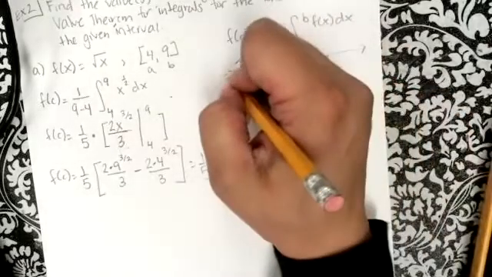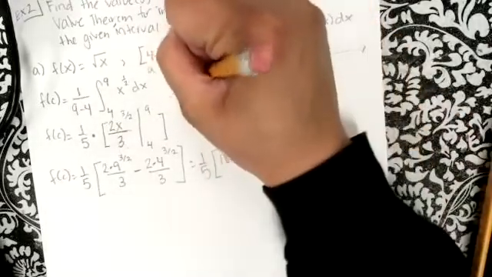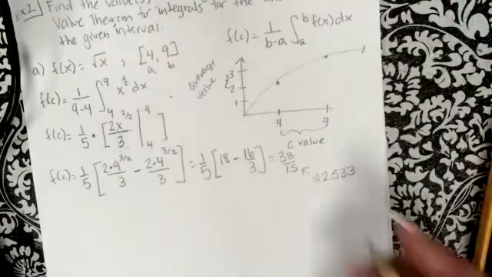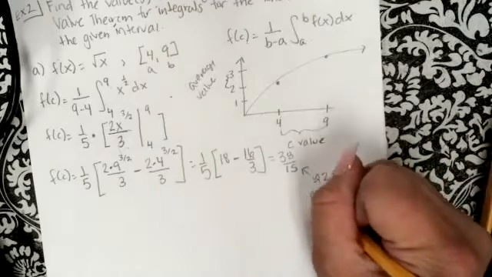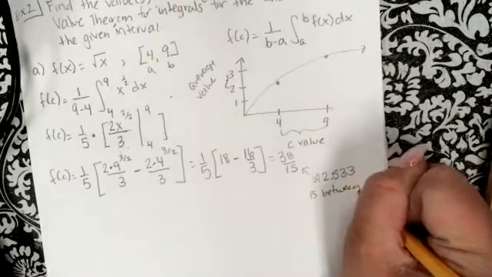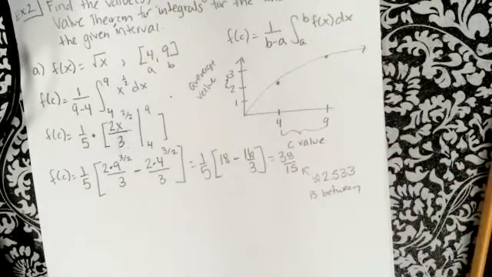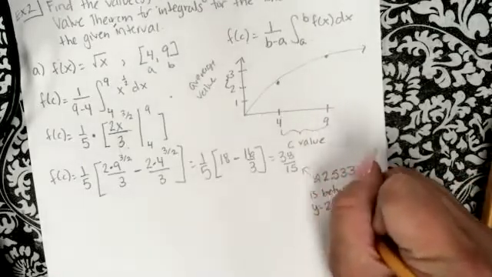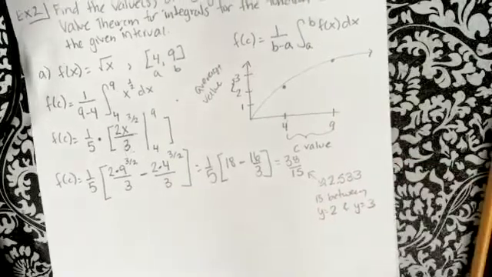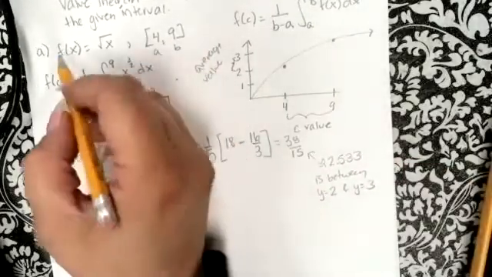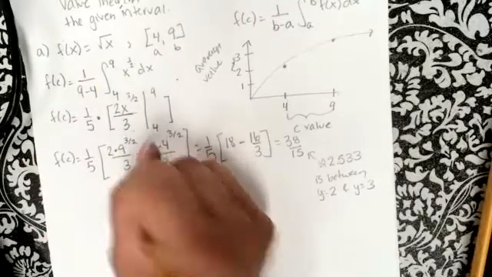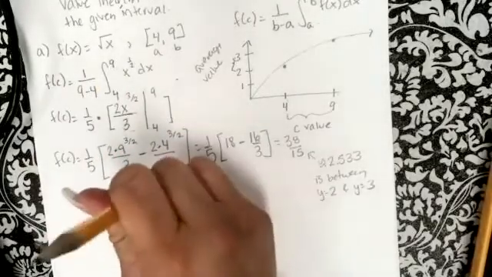So right here, this is going to be the average value, and that is between y equals 2 and y equals 3. Now, keep in mind that f of c equals the square root of x, or I'm going to say the square root of c.